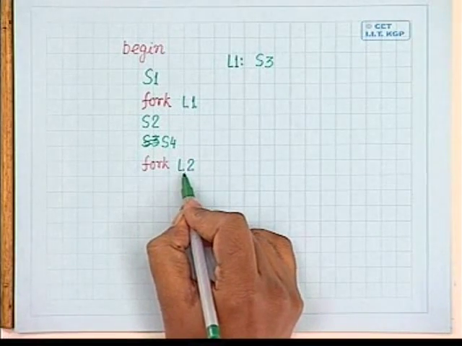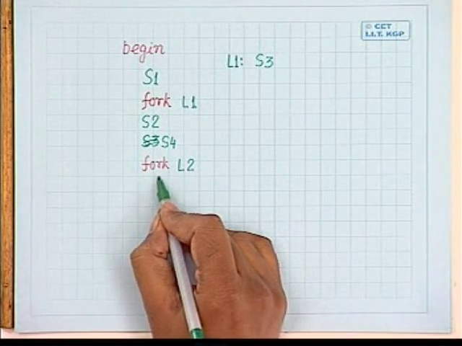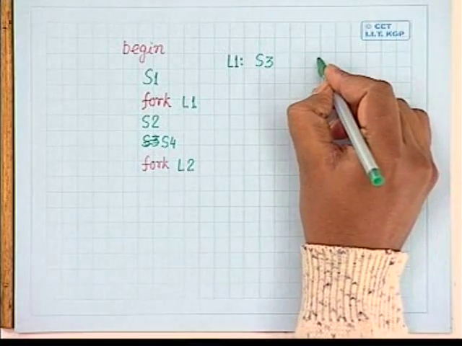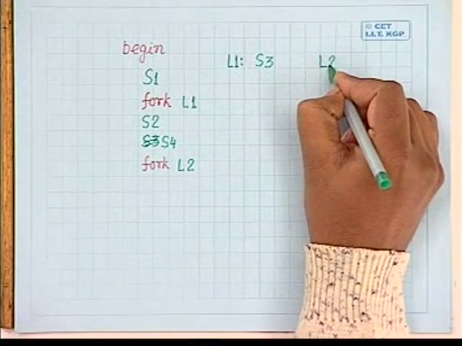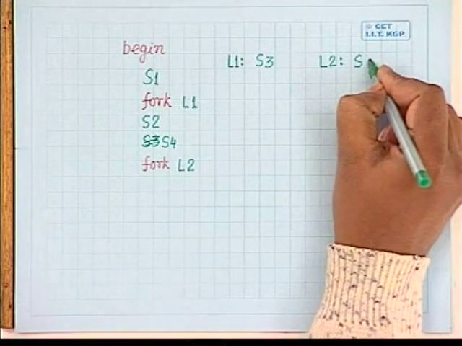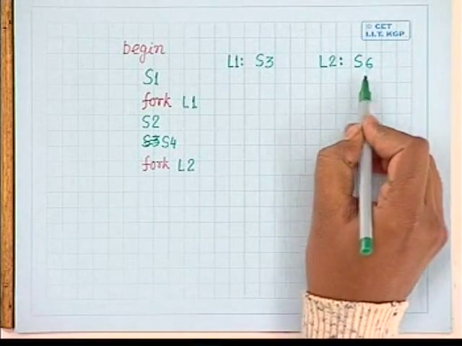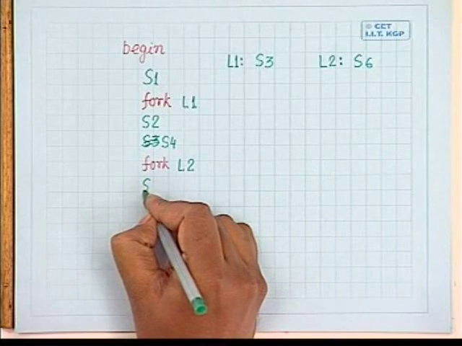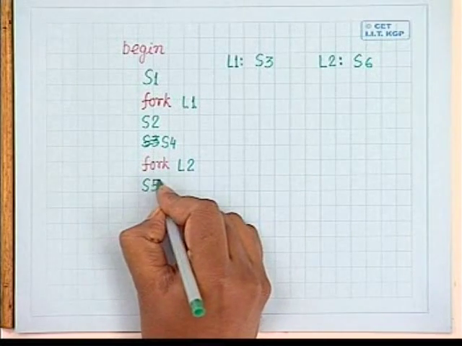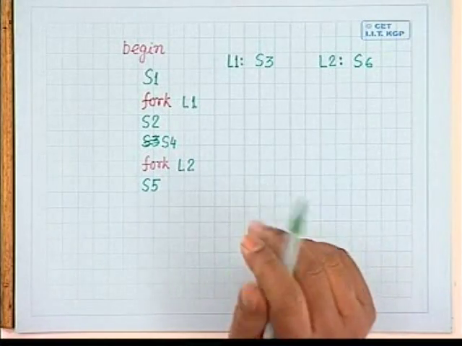One process starts execution at label L2, and the other process continues with the statement following this fork statement. So I have label L2, and let me put the statement S6. It may be either S5 or S6, that does not matter. So let me put S6 here and S5 to be executed by the same process.